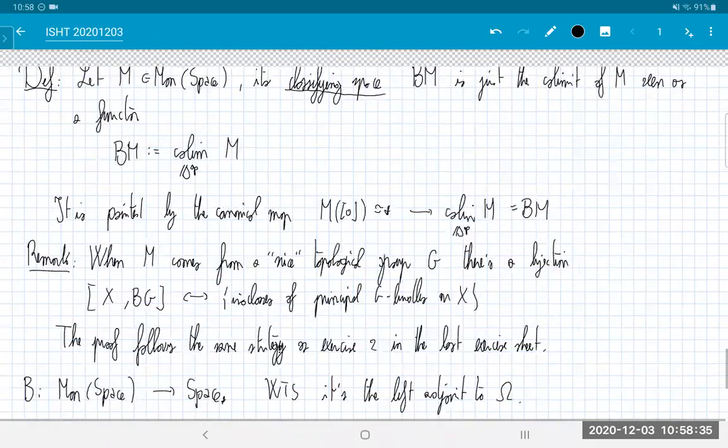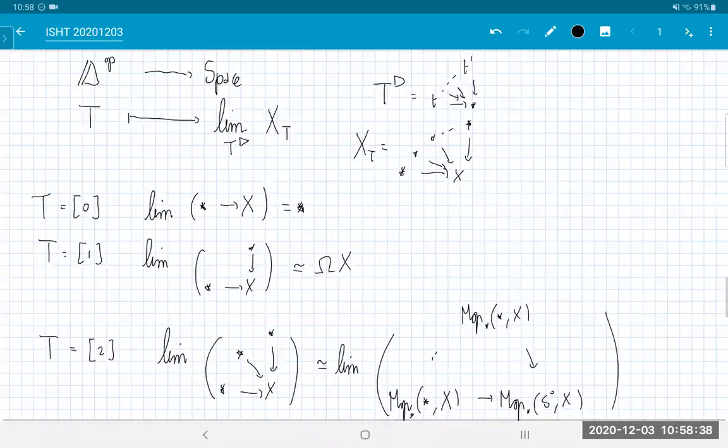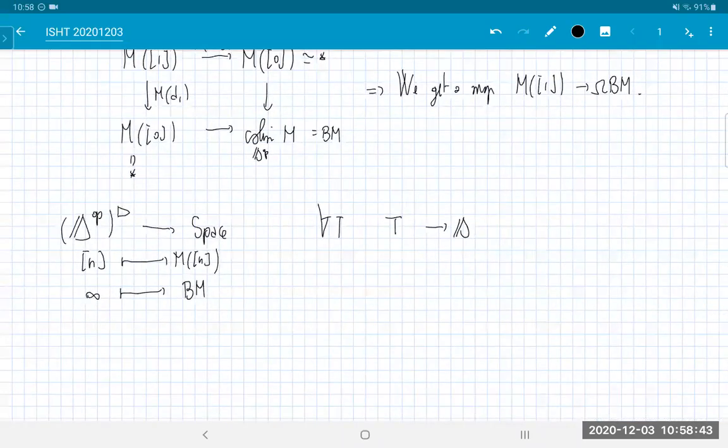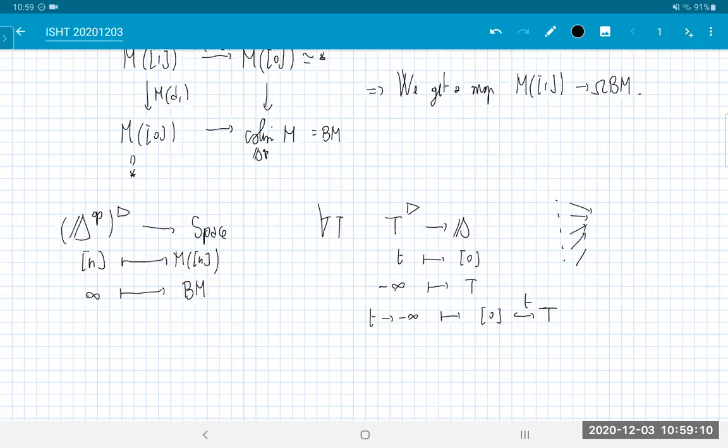I'm doing it wrong, sorry. Never mind. I have a map from this to delta that sends t just to 0. The cone point, let me call this minus infinity to t. And the unique map, like this, goes to the inclusion of t. This might look complicated, but it's just parameterizing all the different inclusions of the points into t.